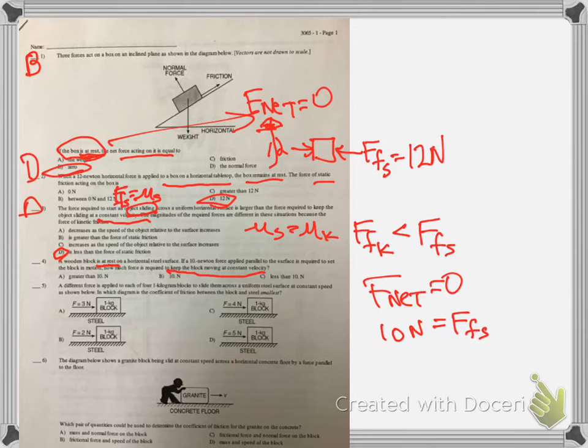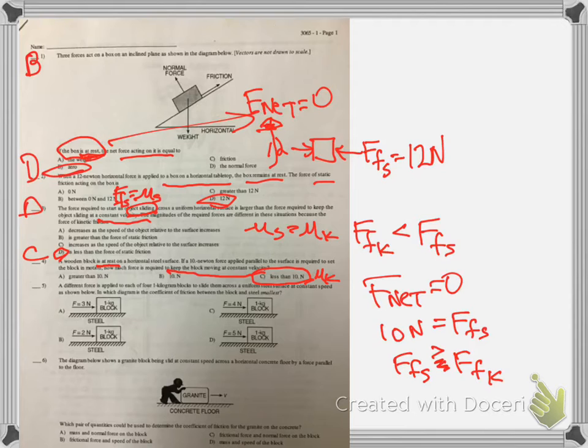So to keep it moving, you know that F_k is less than F_s. So the force required to keep the block moving at a constant velocity has to be less than 10 because it's now μk that you're overcoming. The answer to that is C.